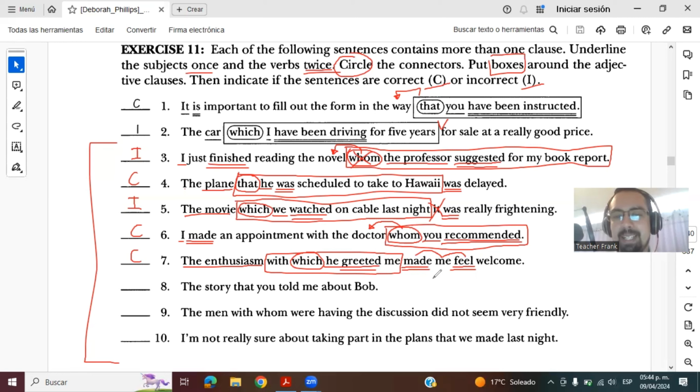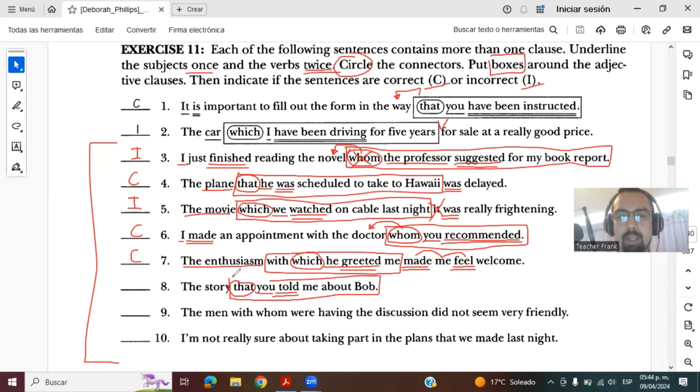Okay, so let's go with number 8. The story that you told me about Bob. Okay, so we have a verb here, told. Who or what told you? That is going to be my connector. And I'm thinking this would be the adjective clause that you told me about Bob.